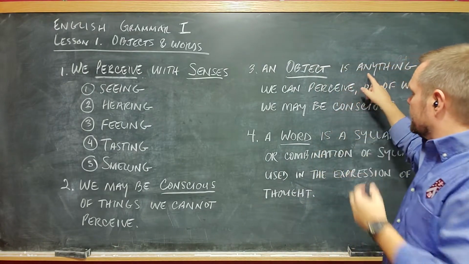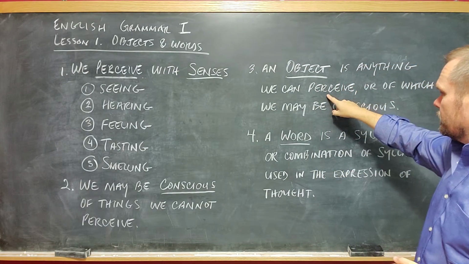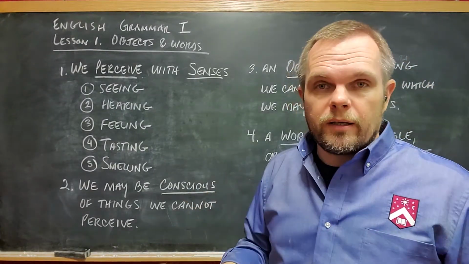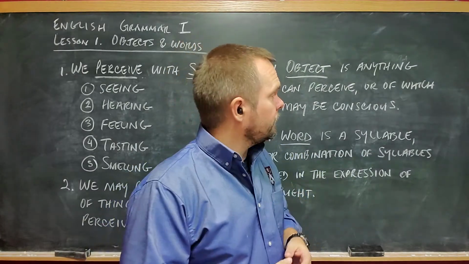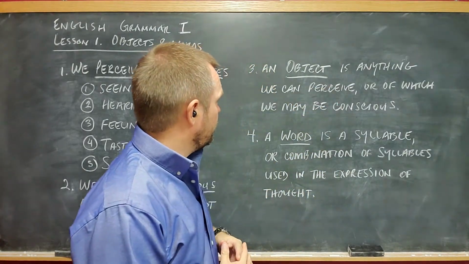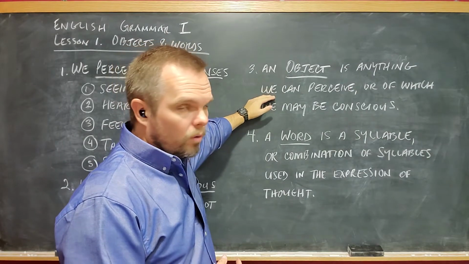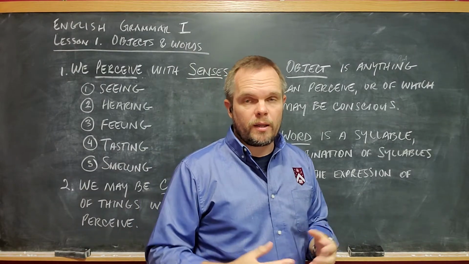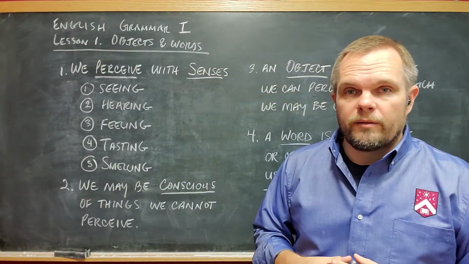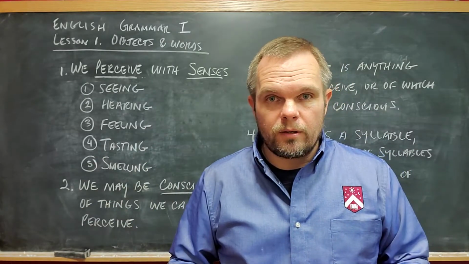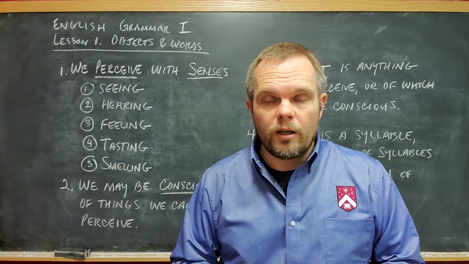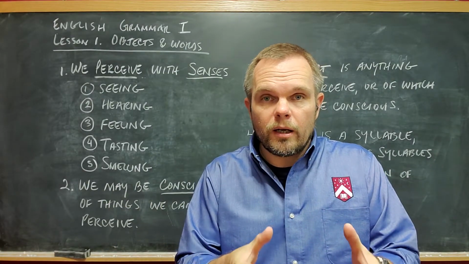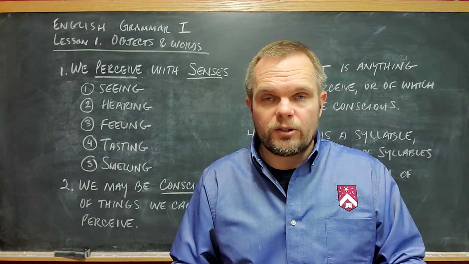We can perceive objects, or we may be conscious of objects even if we haven't perceived them. An object is anything we can perceive or of which we may be conscious. It's important to remember that there are more things that we may be conscious of, because all the things that we can perceive are included in the number of things that we can be conscious of.